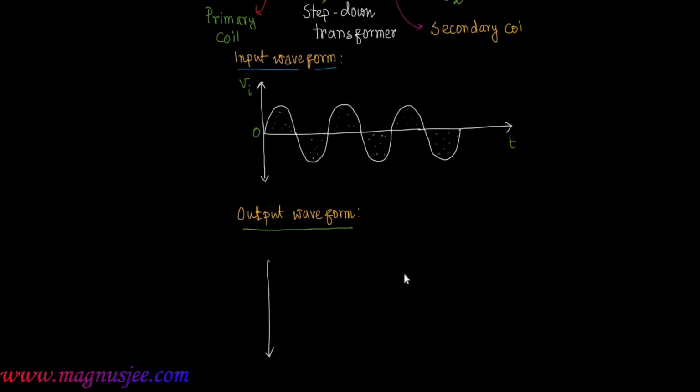Along the vertical axis, output voltage across RL is plotted, and along the x-axis time t is plotted. This voltage is the output voltage across the load resistance. O is the origin. Now we can draw the scale of time.